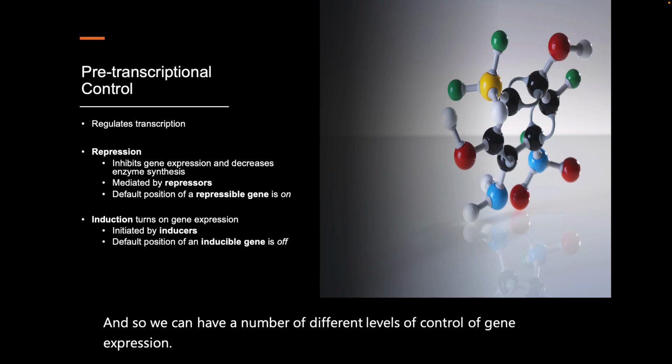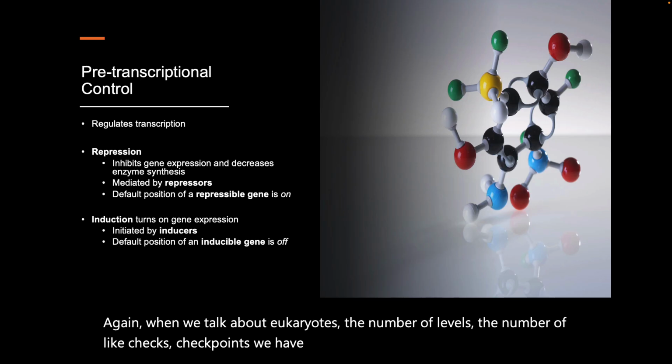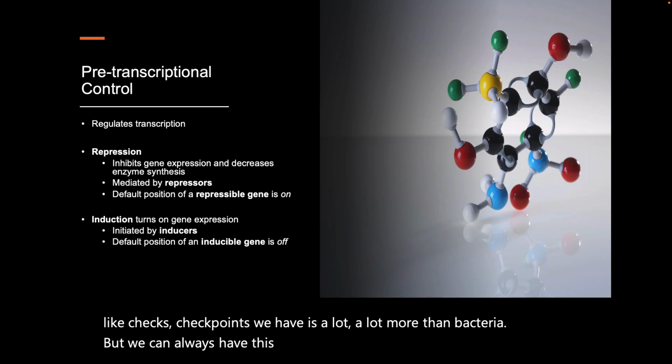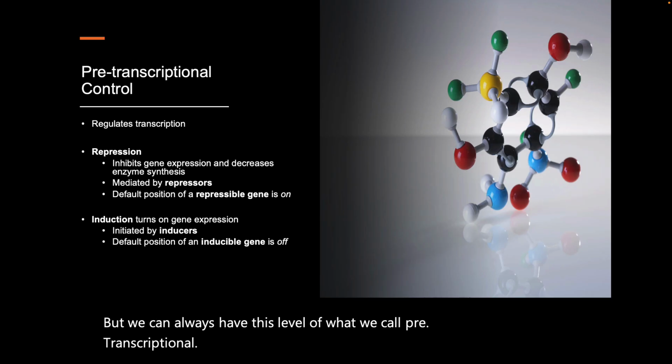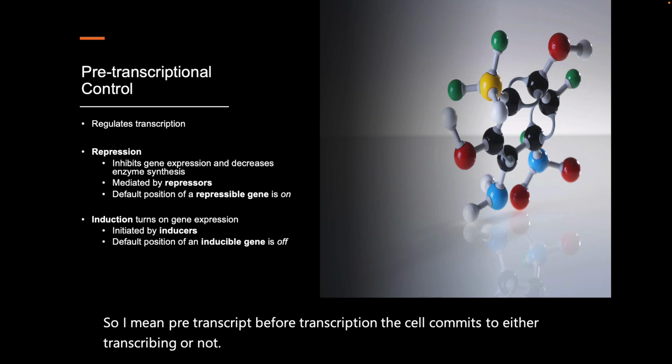Again, when we talk about eukaryotes, the number of levels, the number of checkpoints we have is a lot more than bacteria. But we can always have this level of what we call pre-transcriptional control. So, before transcription, the cell commits to either transcribing or not transcribing a gene or set of genes.